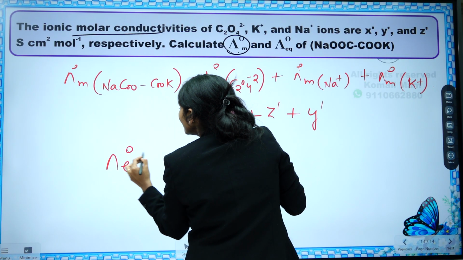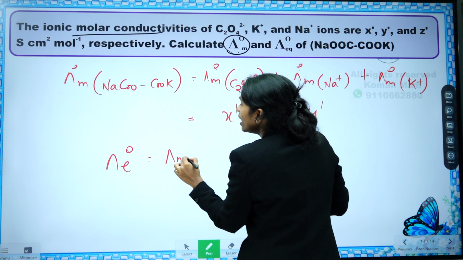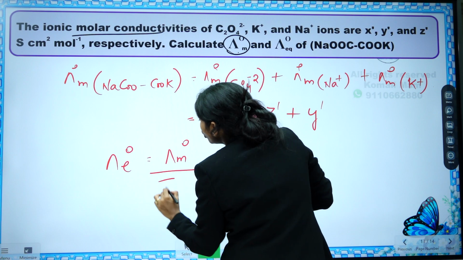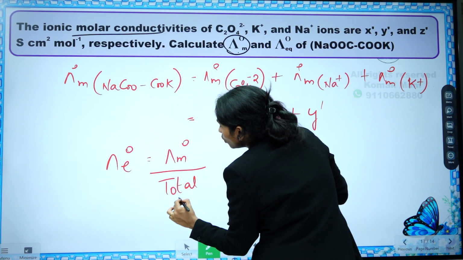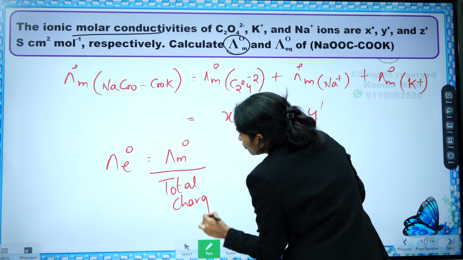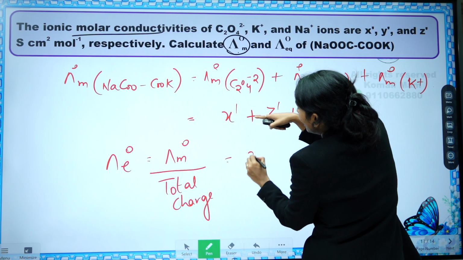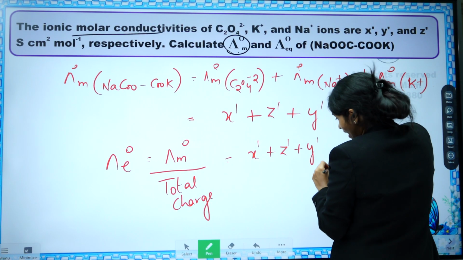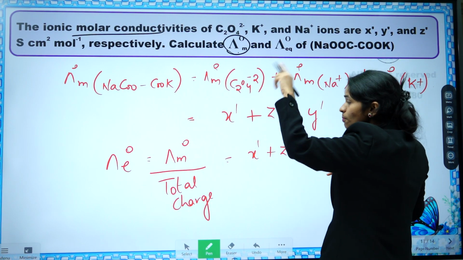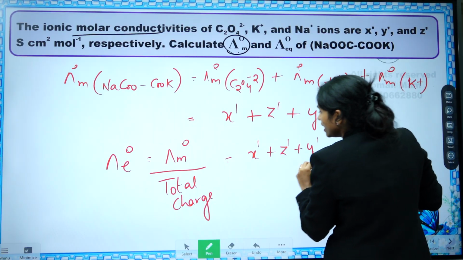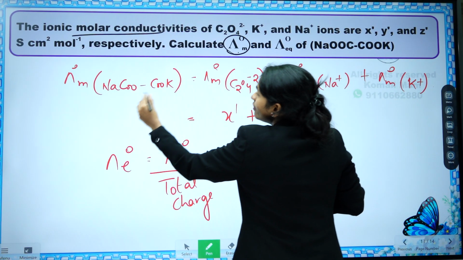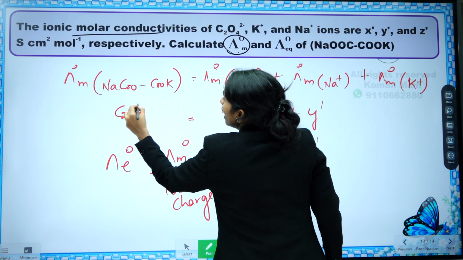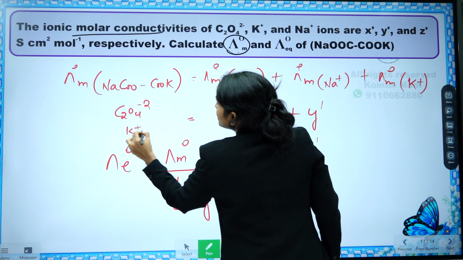From this, equivalent conductivity is equal to what? The formula is molar conductivity by total charge. What is the total charge here? Here molar conductivity at infinite dilution is X dash plus Y dash plus Z dash, by total charge. If it breaks, we will get C2O4 2-, K+, Na+.